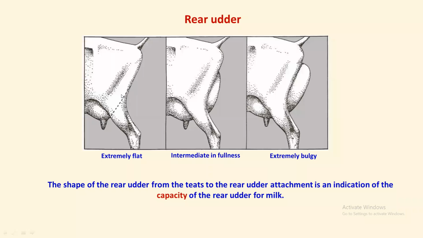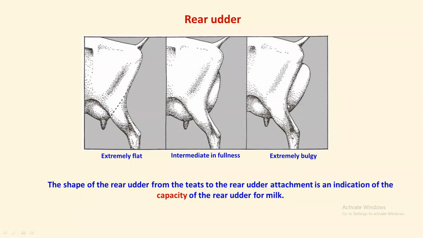Behind the rear leg, there is no part of the rear udder visible. This is not at all recommended. And the middle one is recommended here. The intermediate in fullness means a little part of the rear udder should be visible on the back side of the rear leg.